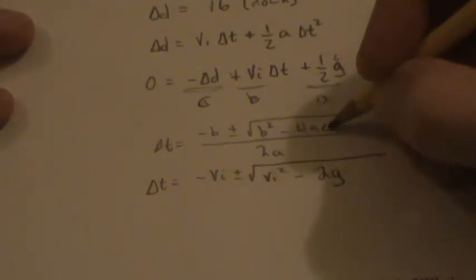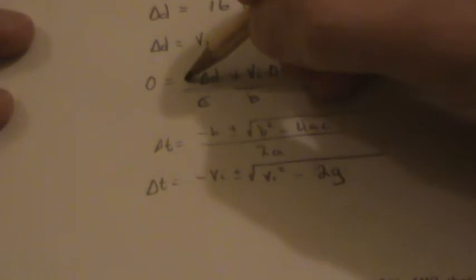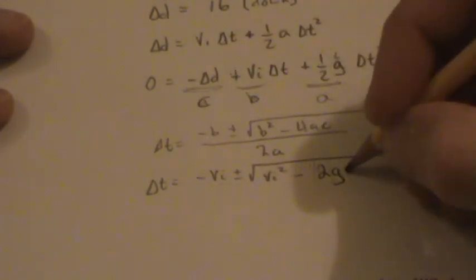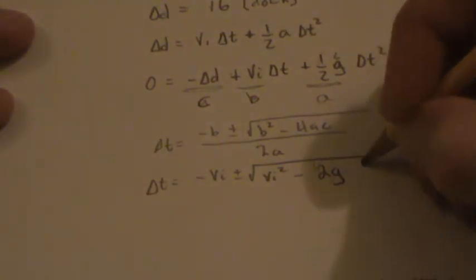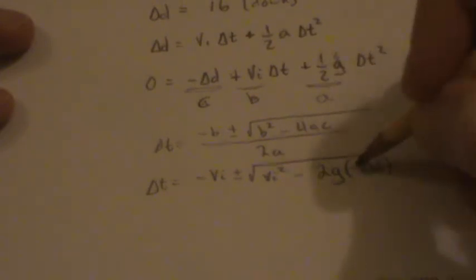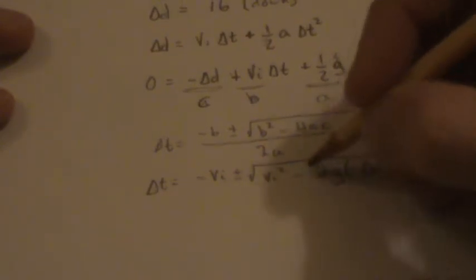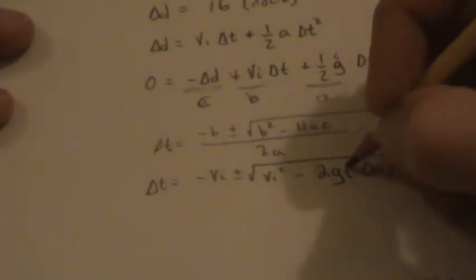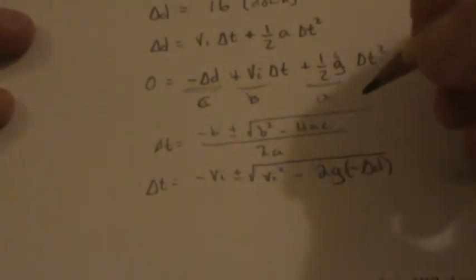Then I multiply it by c, and the c value actually is negative, because it's multiplied by a negative delta d. This negative and this negative combine to become positive right there.